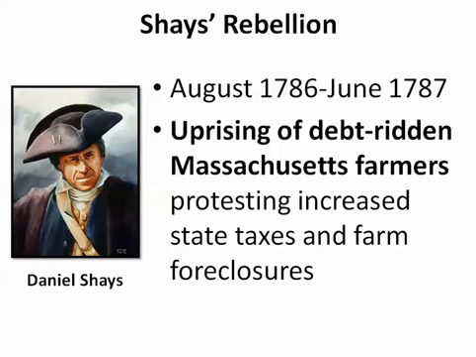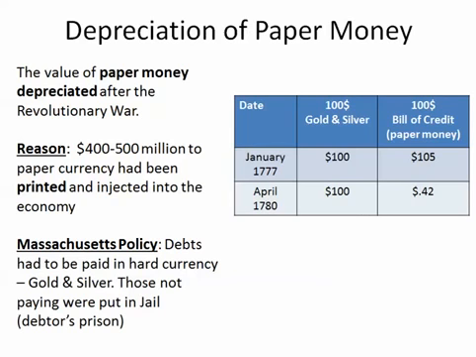So why was the rebellion happening? We need to look at that. As a result of the American Revolution, Massachusetts had printed too much currency. Each state had the power to print its own currency under the Articles of Confederation, and Massachusetts had printed $400 to $500 million of paper currency in order to fund the American Revolution.